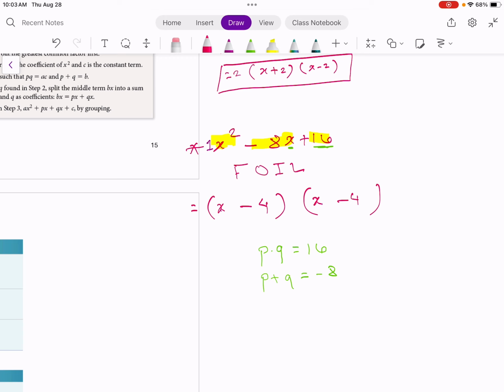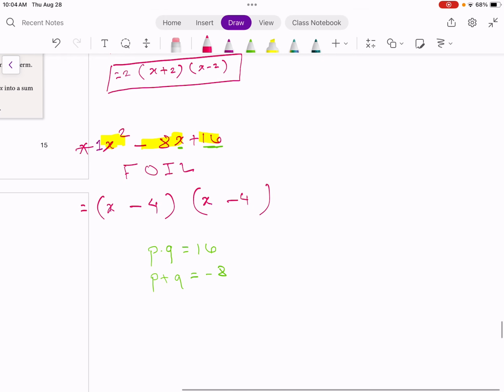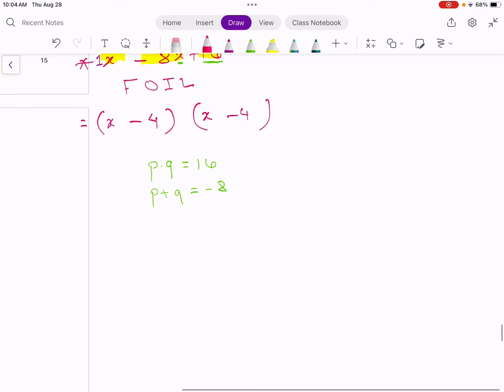Now let me take a trinomial in a quadratic form with a coefficient other than 1. So let me take one more example. So let's say we have 2x squared minus x minus 1.